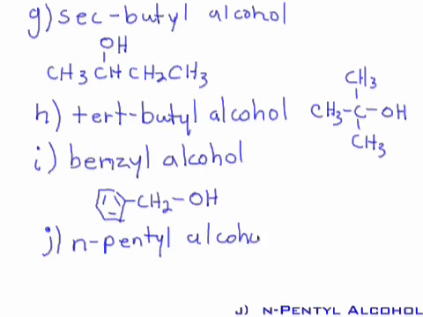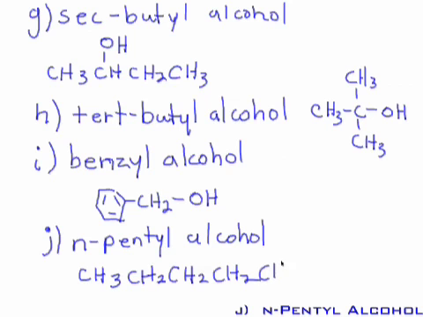N-Pentyl alcohol is a 5-carbon straight chain CH3, CH2. Five carbons, one H missing from the end, and you put an OH on. There we go. There's n-Pentyl alcohol.